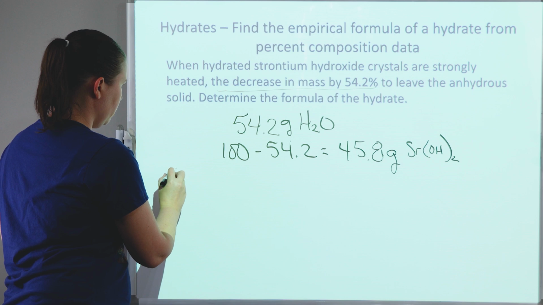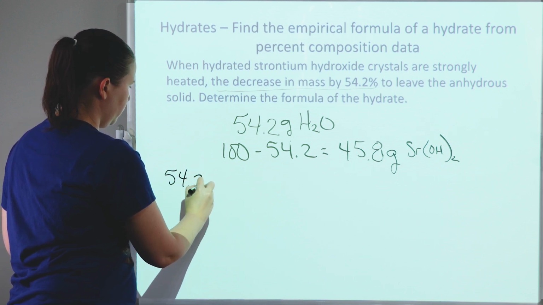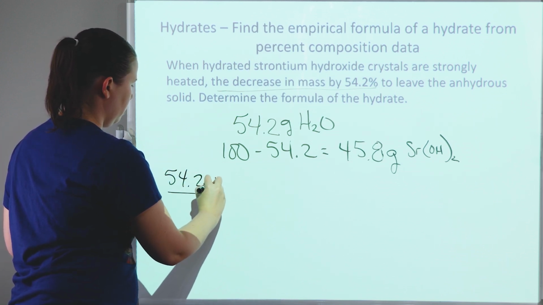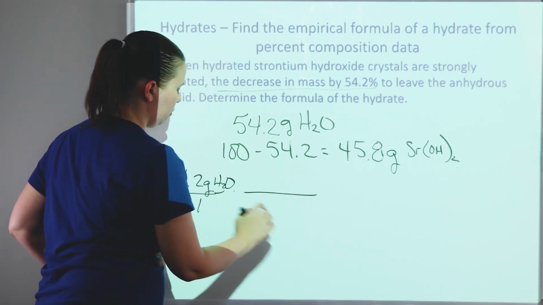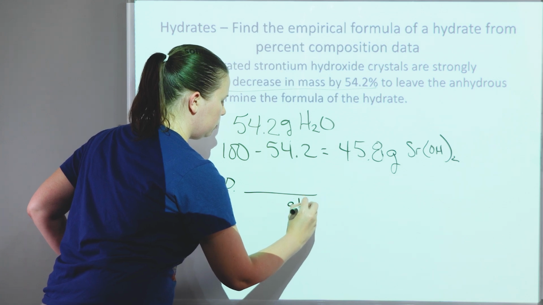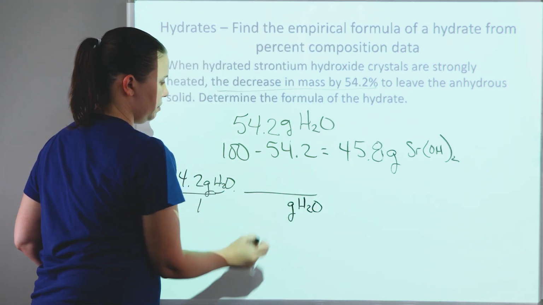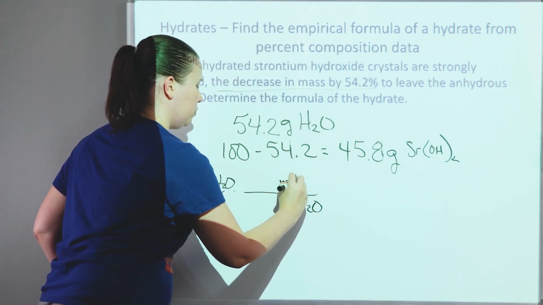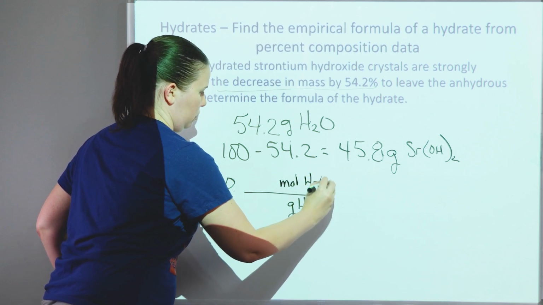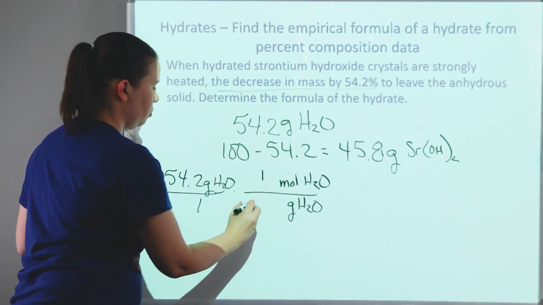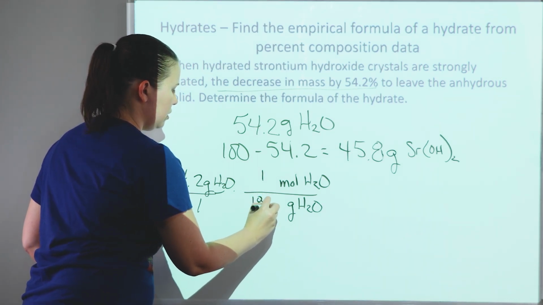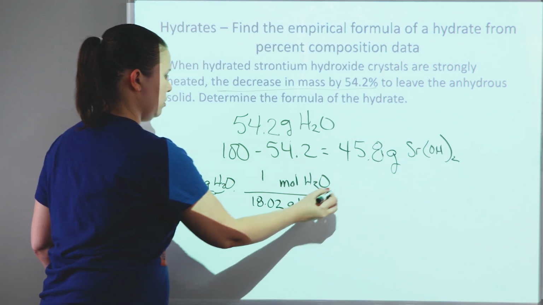So I'll start with the water: 54.2 grams of H2O over 1. And then I'll put the grams of H2O on the bottom, good old dimensional analysis, top to bottom, using my mole conversion here. And so I know 1 mole is equal to the molar mass, which for water is 18.02 grams.